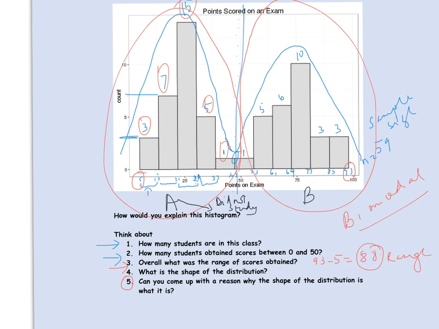So there are students who did not study and maybe scored up to, let's say, 45 points. And maybe there's a second group of students, that is Group B, that actually studied for the exam. And their range of scores was from roughly about 50 to 93.